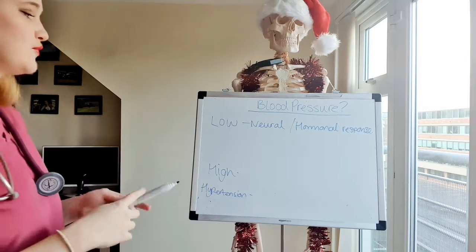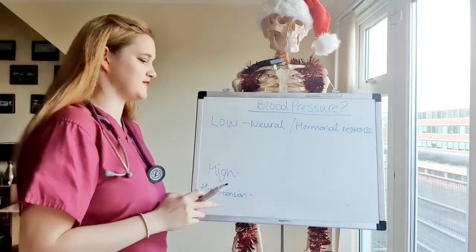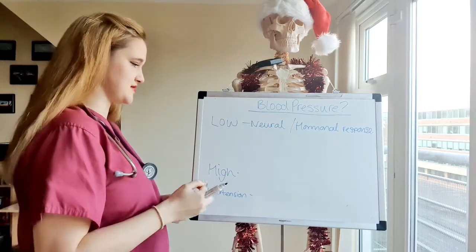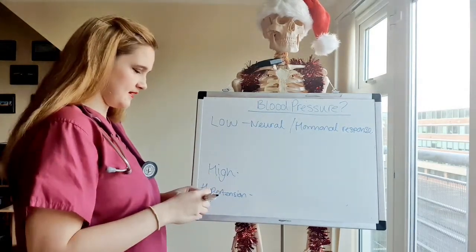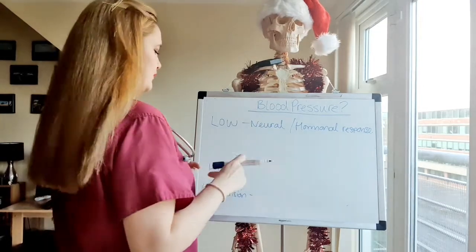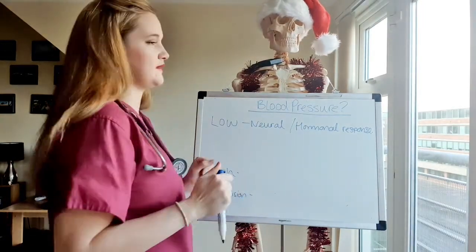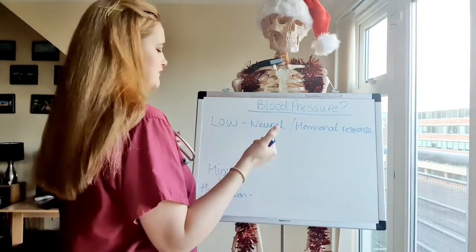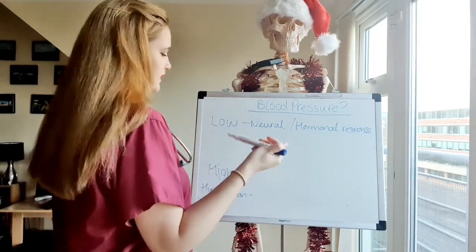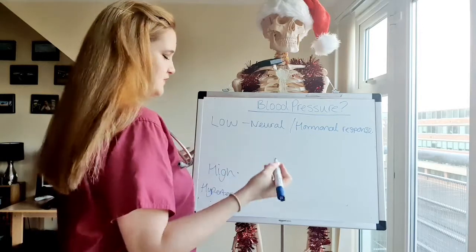Now the hormonal response, I want to look at the hormonal response for low blood pressure to start with. And let's say, for example, you have low blood pressure due to lack of blood volume, so you're losing blood, or let's say you're dehydrated or something like that.